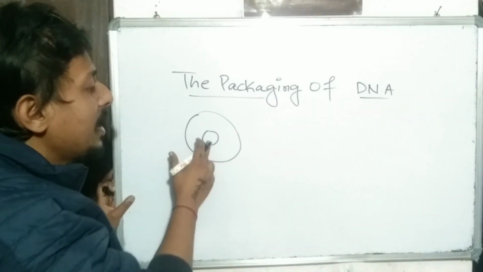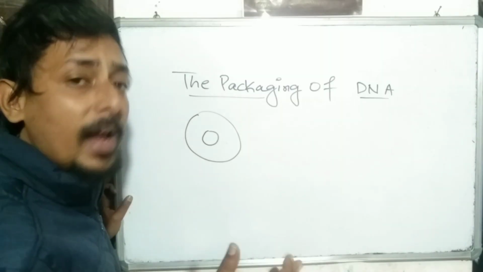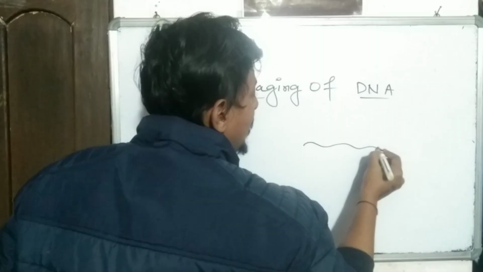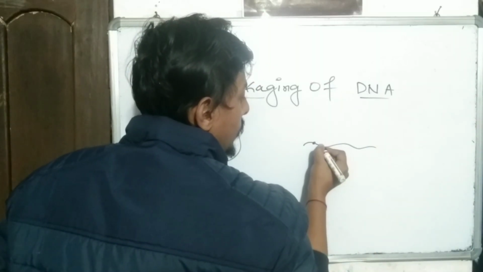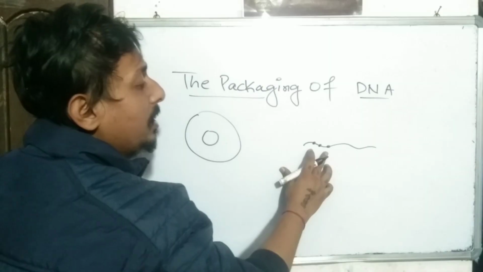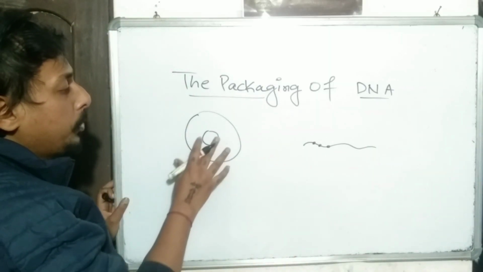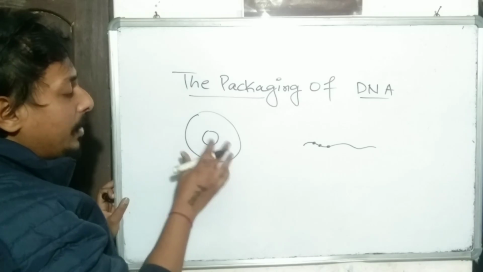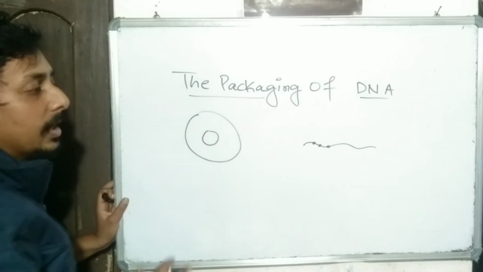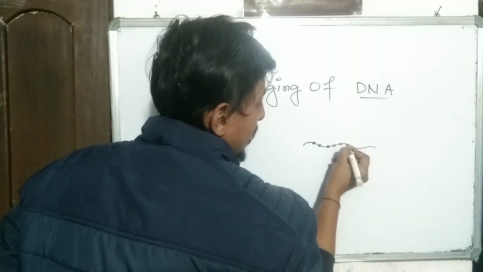But when you see the nucleus with an electron microscope that has a magnifying power of 1 lakh, you see the DNA molecule as chromatin, something like this. In an electron microscope, you are looking at the chromatin, you are looking at the DNA directly. In a light microscope, you don't see the DNA inside the cell. You see the cell, you see the nucleus.